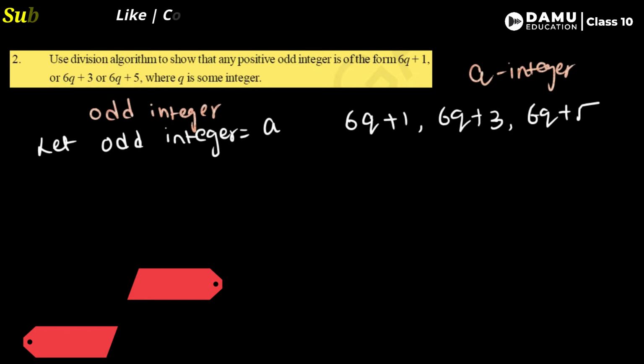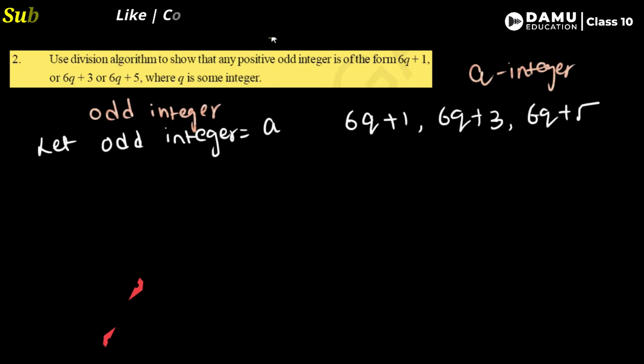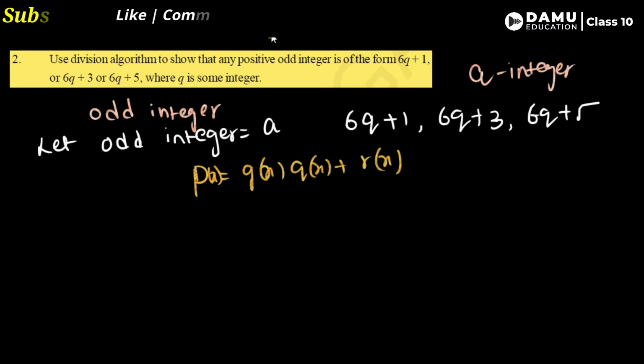Here we need to write the division algorithm, that is, dividend equals divisor times quotient plus remainder, let's take p of x equals g of x into q of x plus r of x. So the remainder is there and the quotient is there.